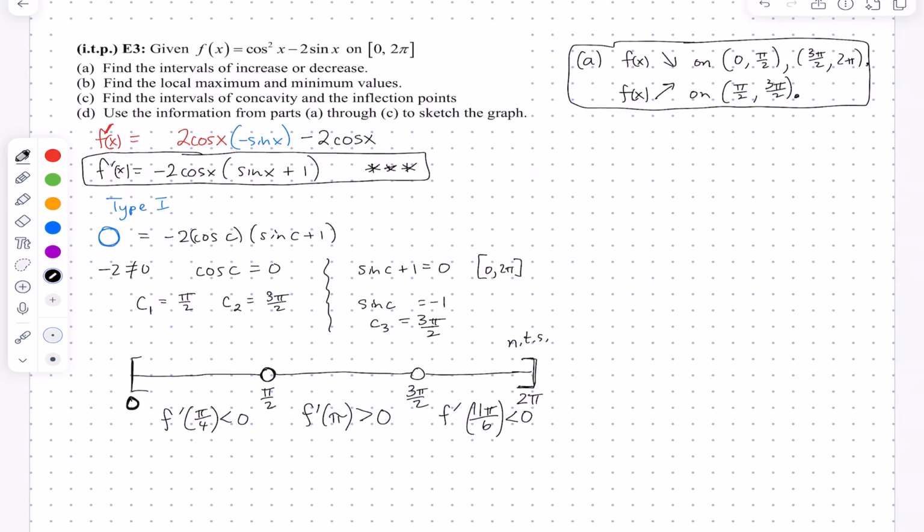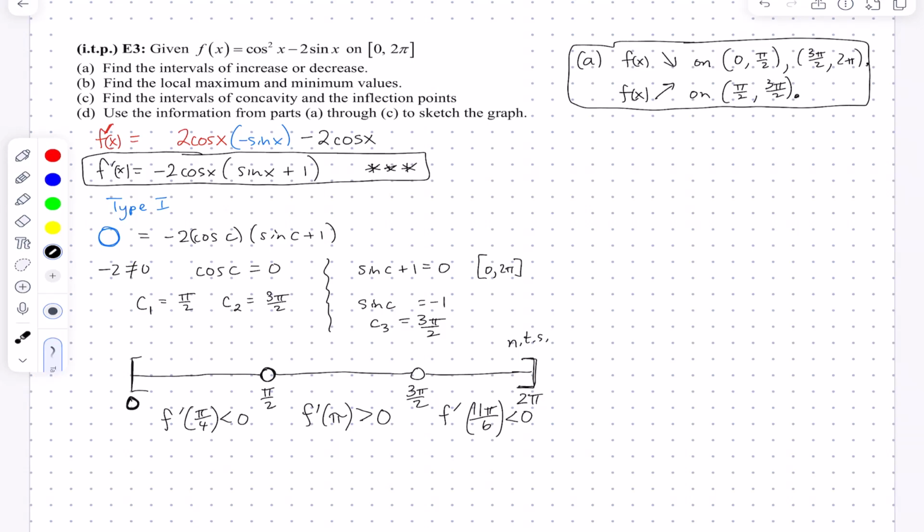Part B, are there any local max and local minimum values? Let's see. Let's analyze this a little bit more. So it looks like the function decreases and then the function increases.